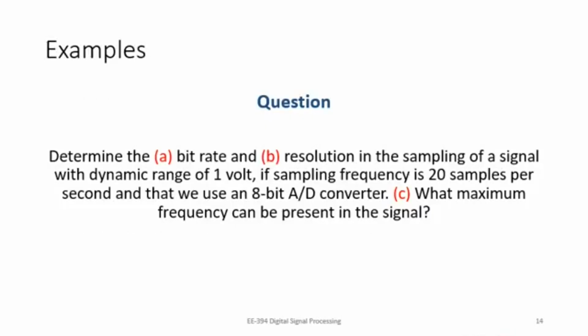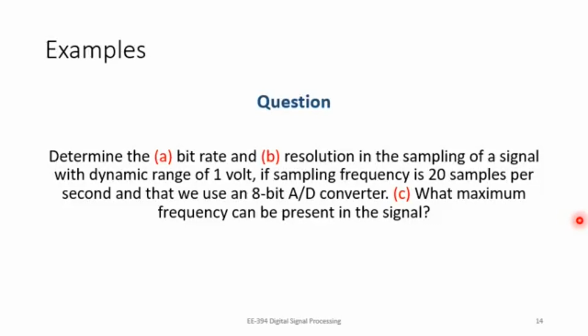Right, so let's look at another question. It says to determine a bitrate and the resolution in a sampling of a signal. There is a signal which is being sampled with a dynamic range of 1 volt.